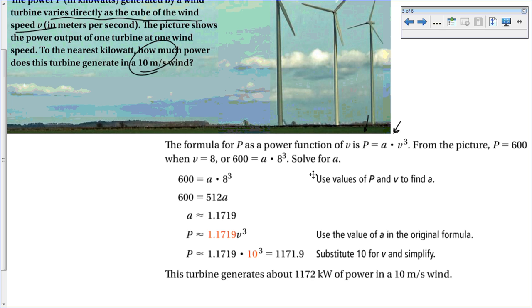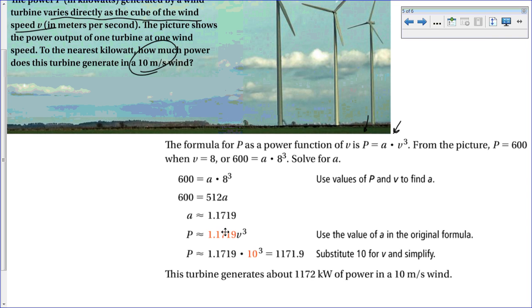Okay, so this is fairly simple because if they don't give you the proportionality constant, they're going to have to give you P and V. So then you just plug in P, plug in V, solve for A. After you find A, you plug it back into your original equation, like they did here.